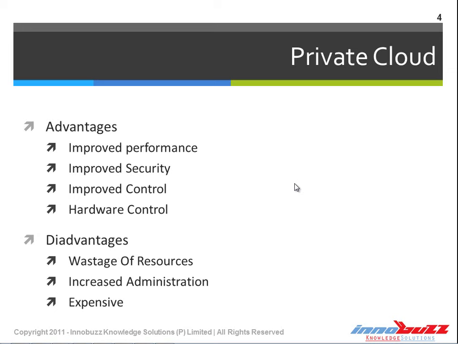Everything needs to be firewalled, and the company who owns the private cloud needs to spend money on setting up the firewall for the building. From the purchase to the management and administration of the hardware, it is expensive from a business point of view.